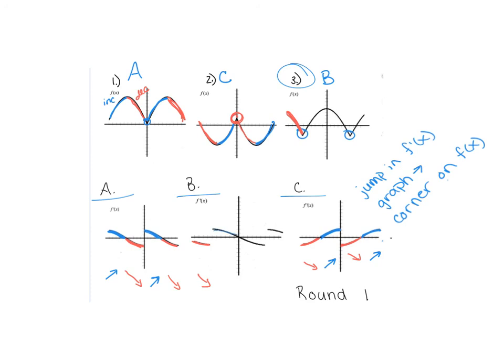I have a positive section on my derivative, and I have an increasing section on the curve. I have a negative section on the derivative, and I have a decreasing section on the curve. And I have a positive section on the derivative with an increasing section of the curve. So it lines up pretty well. Let me toss in my arrows.